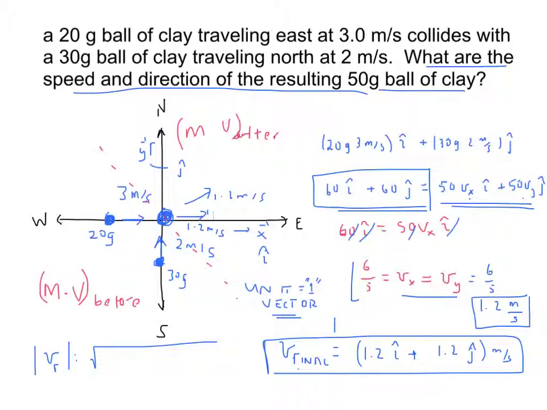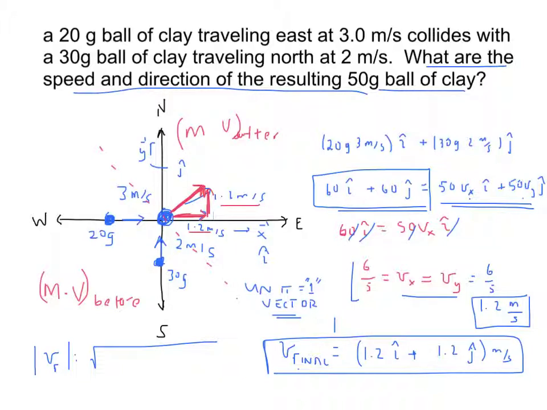It's kind of messy here, so let me do it in red. The value of the velocity is the hypotenuse of this triangle.